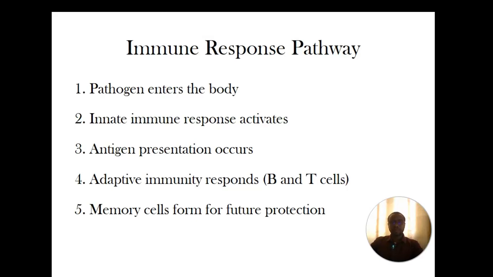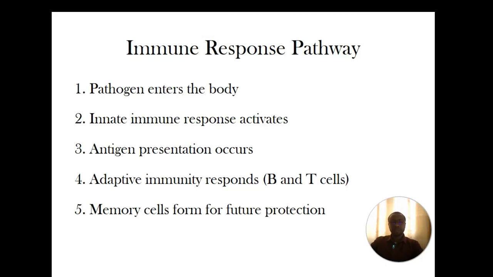When a pathogen enters our body, our body initiates the innate immune response activity, and if the innate immune response is incapable or limited, it goes to the antigen presentation and processing process, and then initiates the adaptive immune response.